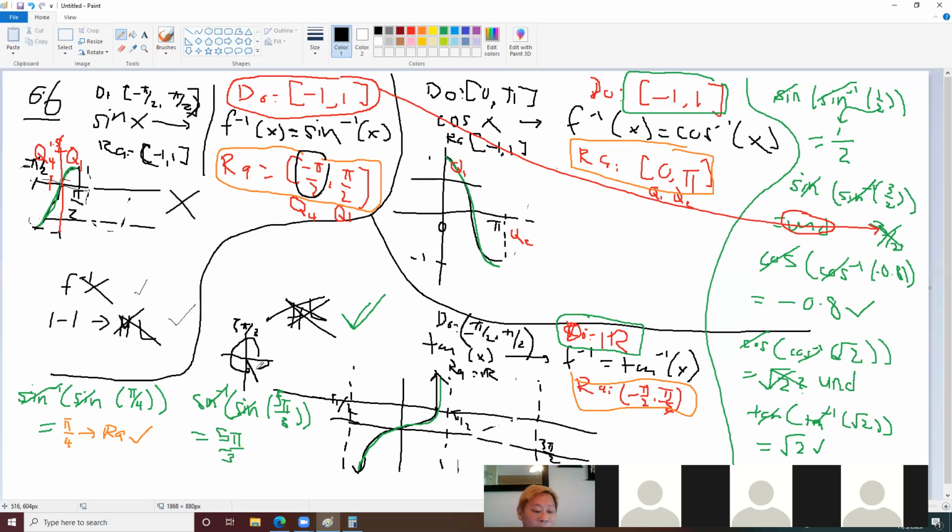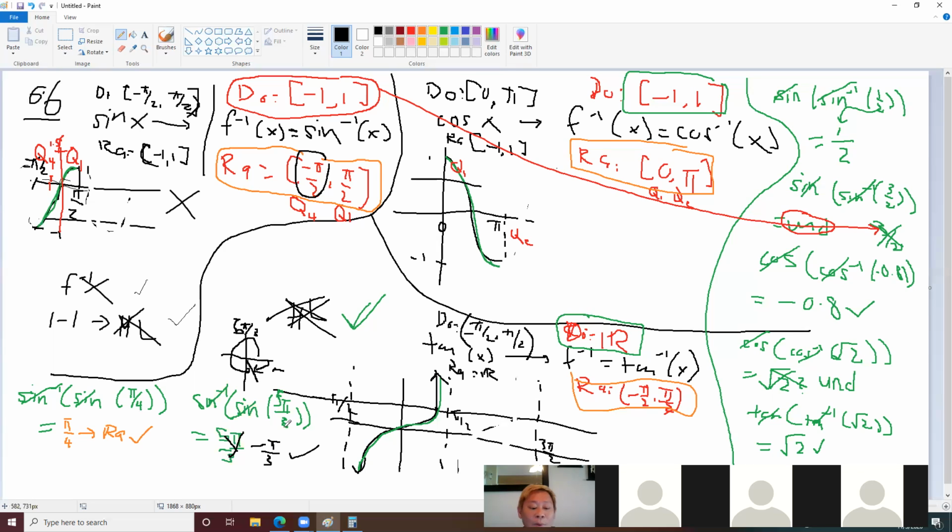Can someone tell me which one is going negative? Because we need the negative. We did this just now. The total has to be 6 pi over 3, so negative pi over 3. Is negative pi over 3 inside this range? Yes.